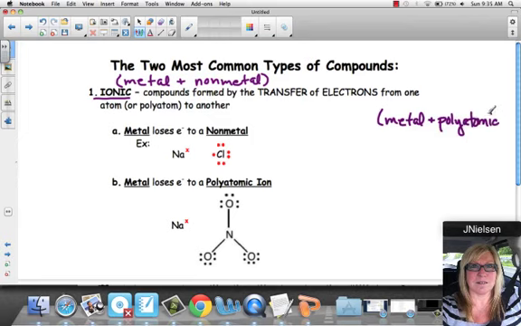You might want to get out your reference table and look at these. These are in table E. Or two polyatomics.